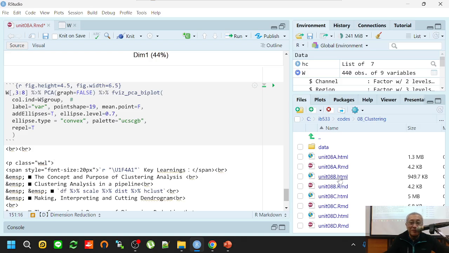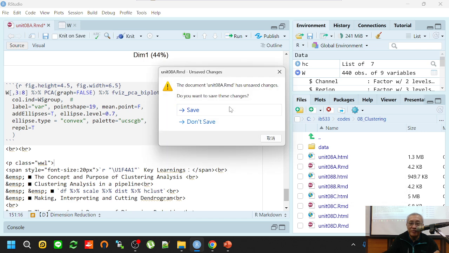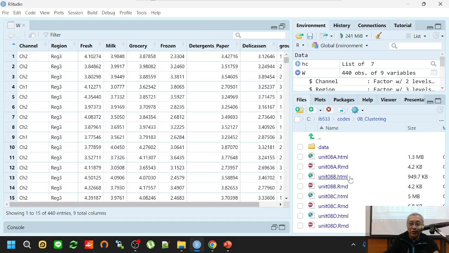The first thing I would like to go through with you is... I don't have time to do it in RStudio, so I directly open the HTML file first.